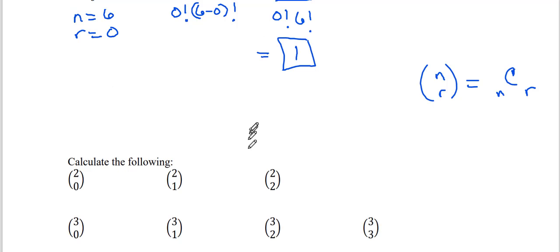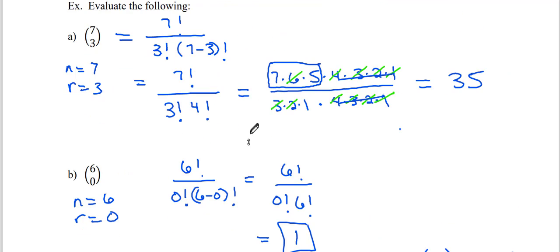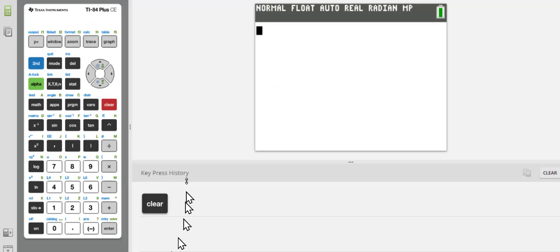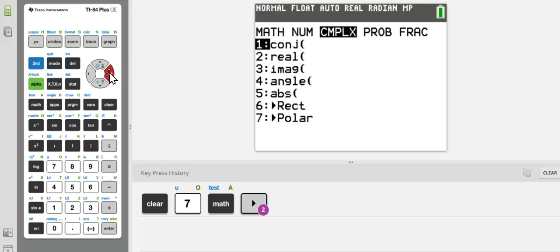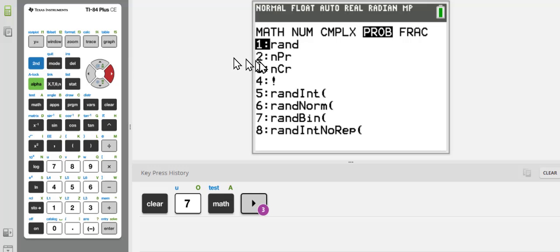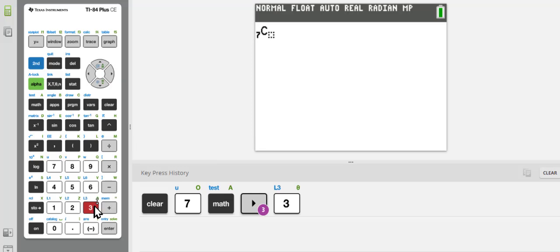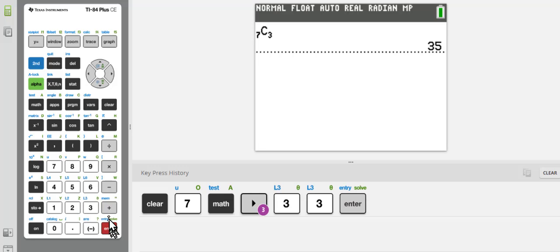What was it? 7 choose 3? Yeah. We enter 7. That's our big top number there. We go into math, over to probability, and number 3 here puts it in that notation. 7C3 gives us that 35 that we calculated.